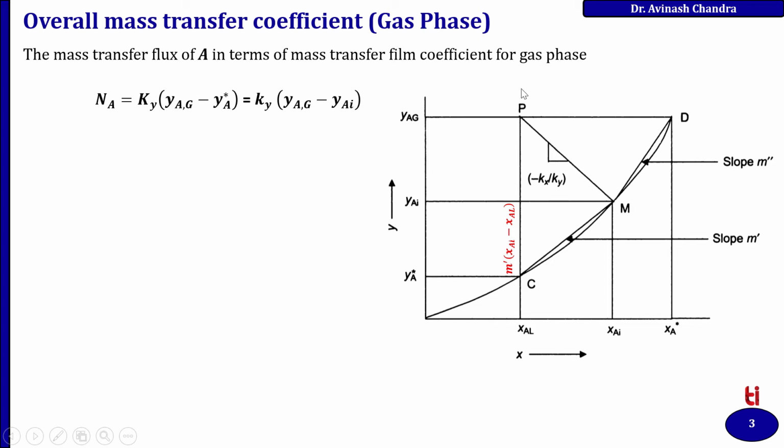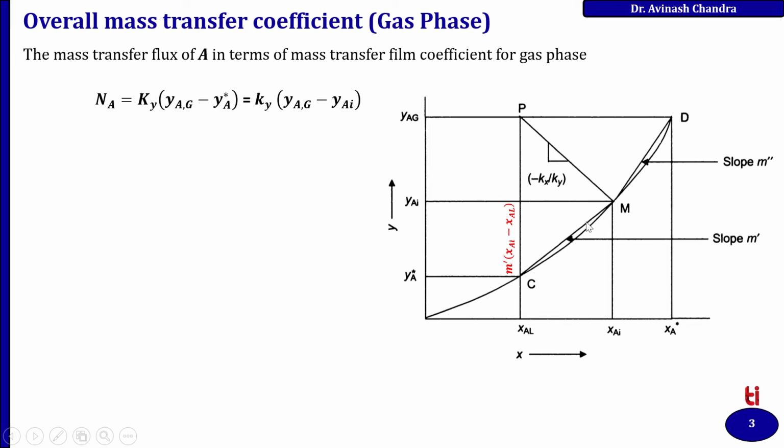So this line shows the ratio of mass transfer coefficients, negative kx upon ky. Again remember that if you extend this line up to some point P, and similarly extend this line up to P, then you get the region where mass transfer can occur.